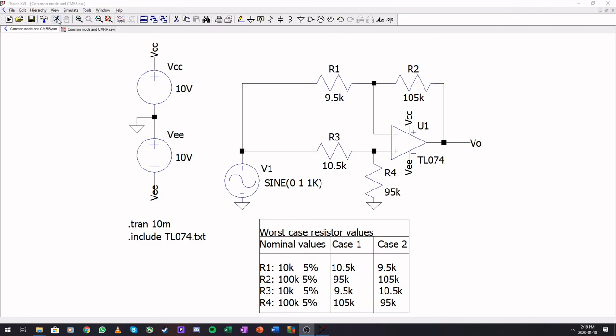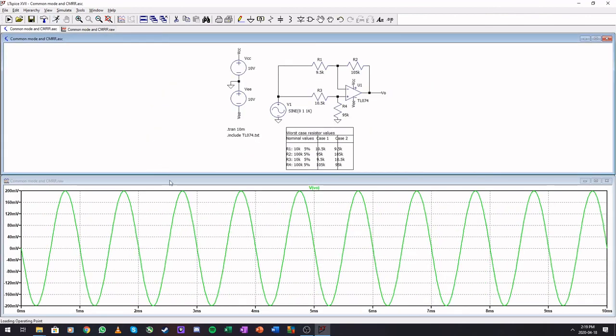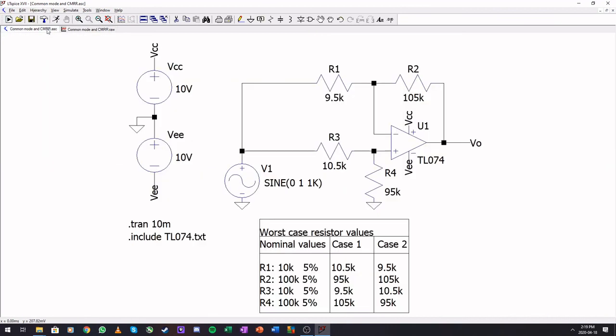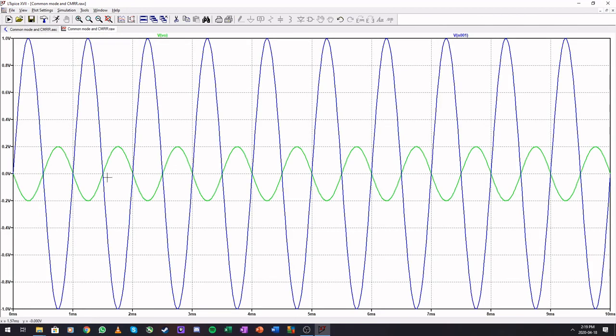Let's run the simulation. And this is at almost 200 millivolts peak. So we select this input inverted 200 millivolts peak. So 200 millivolts per volt on our common mode.